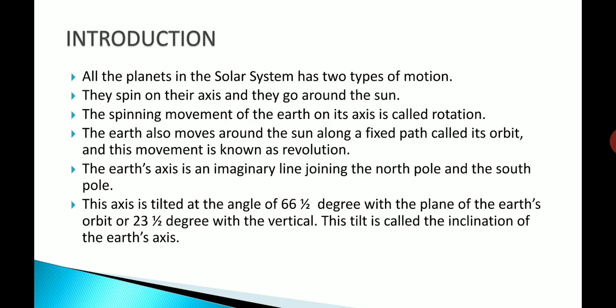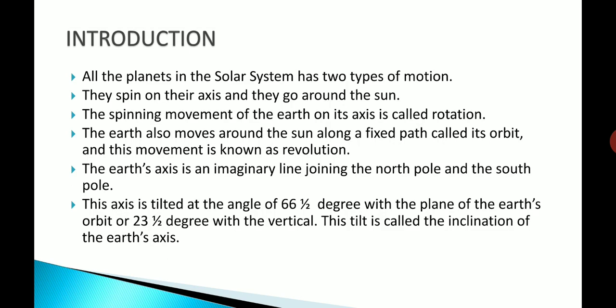The spinning movement of the Earth in a particular place is known as rotation, and the Earth also moves around the Sun while rotating on its axis, on a fixed path. It is known as revolution.